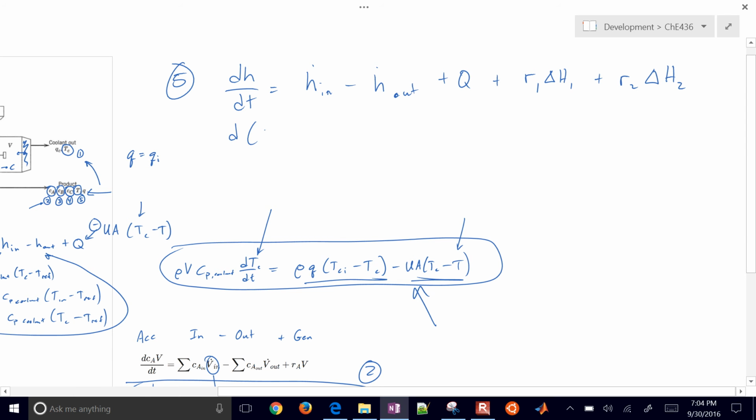We have the mass is the density times the volume. So we have density times the volume times CA. You know what? I'm just going to do this.